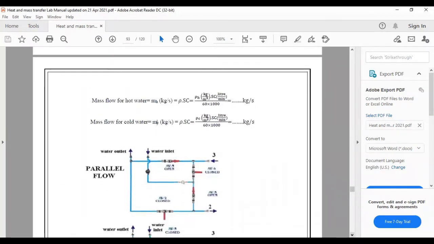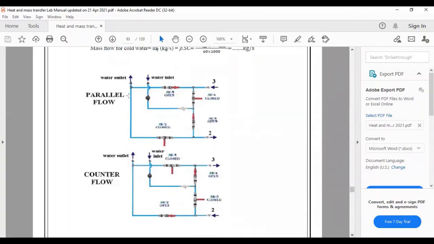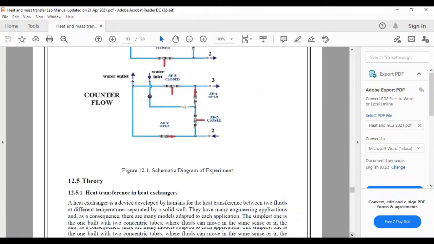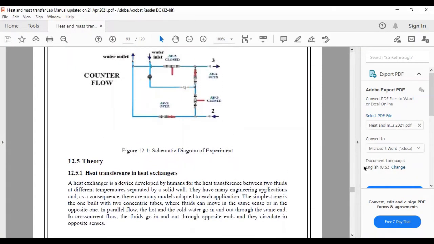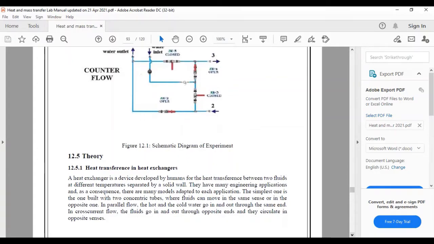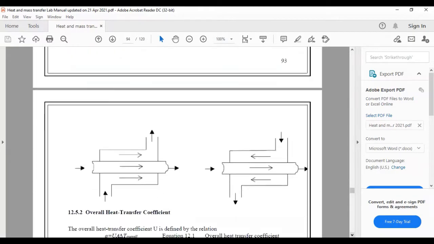So these are some schematic diagrams which are provided to show you how we will convert the flow into parallel flow and then counter flow. These are also in the form of stickers pasted on the operator, so we can get guidance from here.